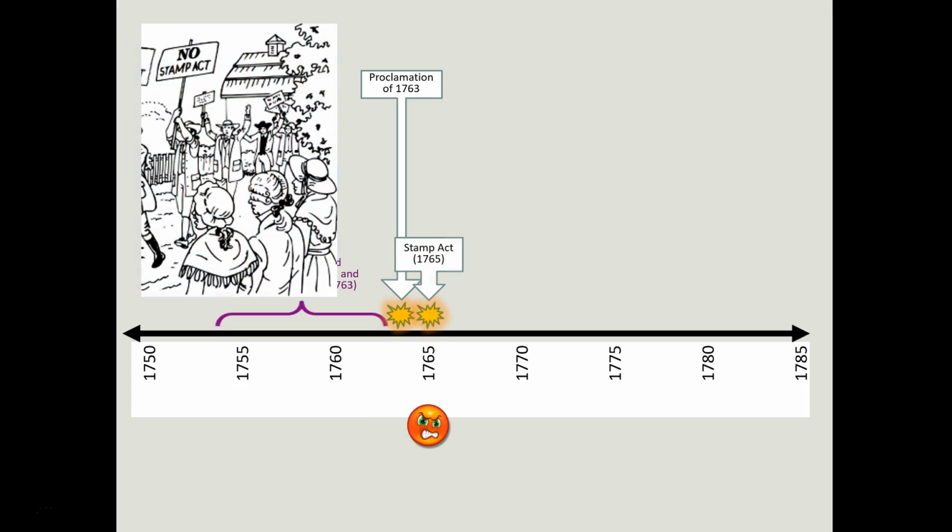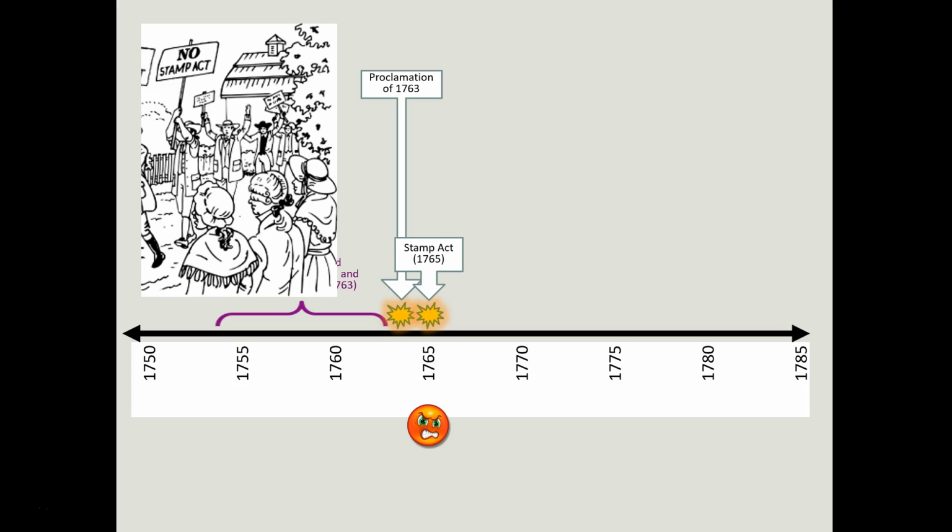And then they get the Stamp Act. This is not necessarily a tax on stamps like we know stamps. It's a tax on any printed materials. So newspapers, books, pamphlets. And this is a time period where there's no radio, there's no television, there's no internet.